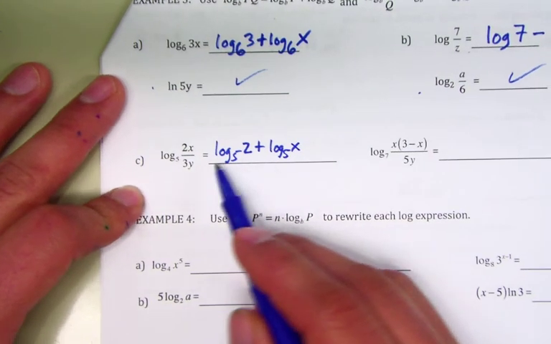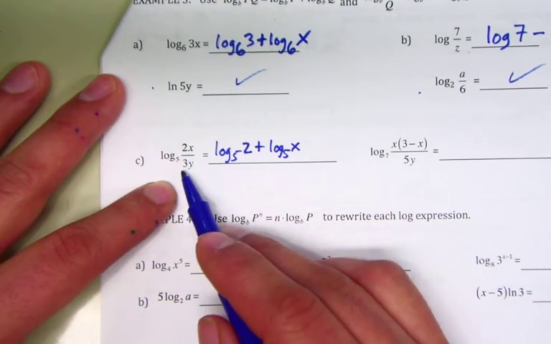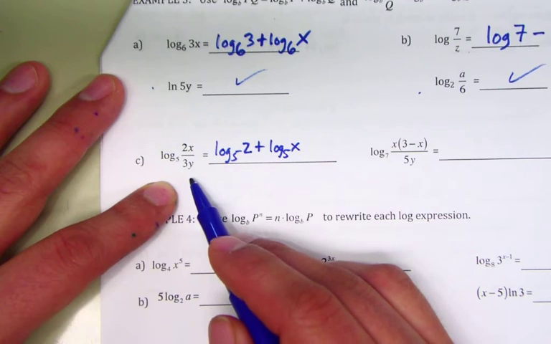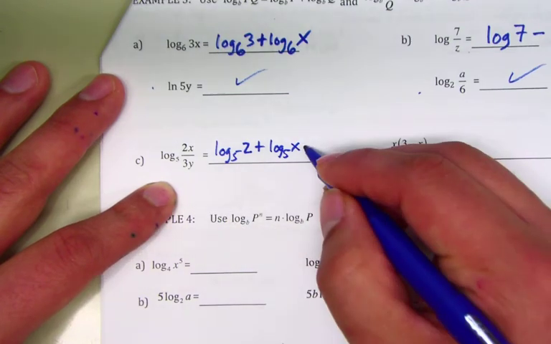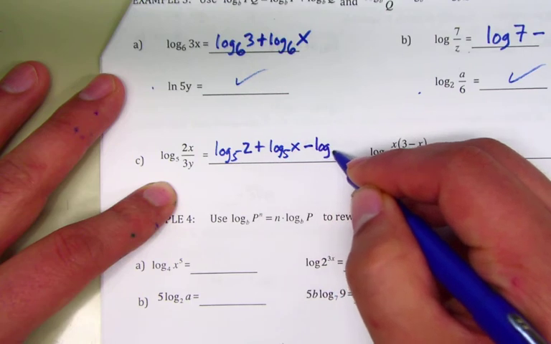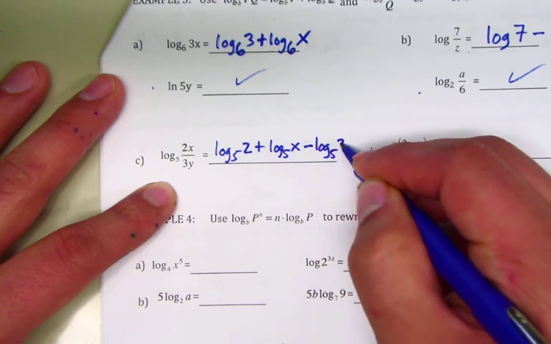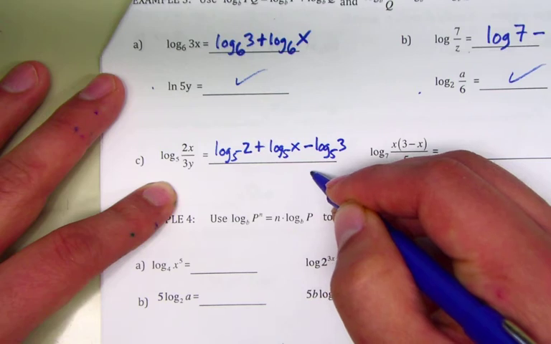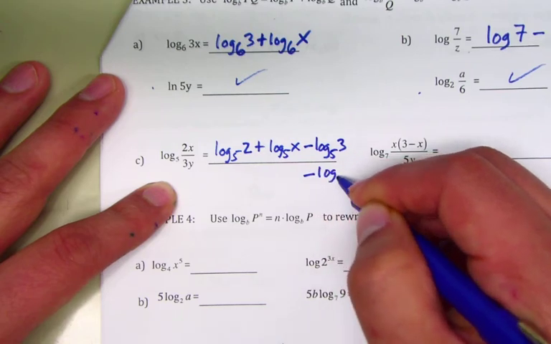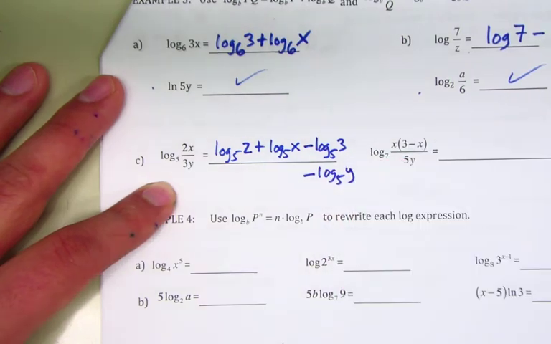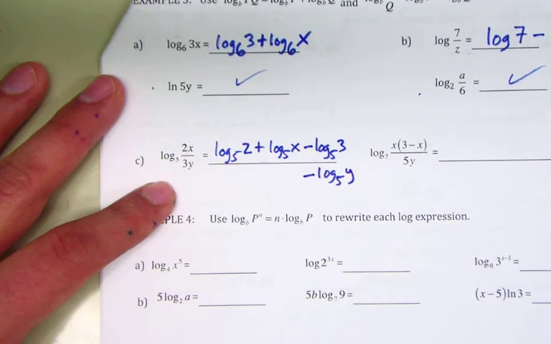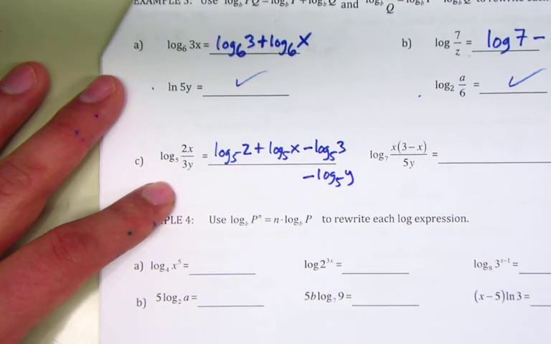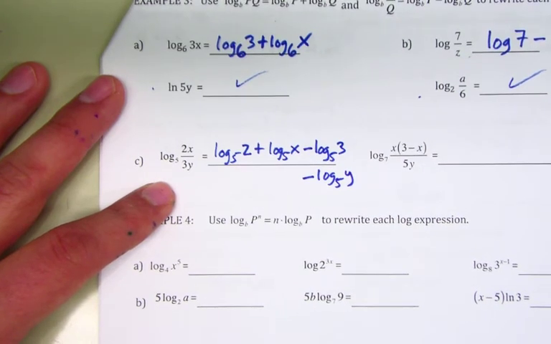Does that first part make sense? Yeah. But now we're dividing by 3 and also by y. So that means we're going to subtract, very good, log base 5 of 3, and I'm running out of space, I'll just go underneath, also minus log base 5 of y. Does that make sense? Okay.